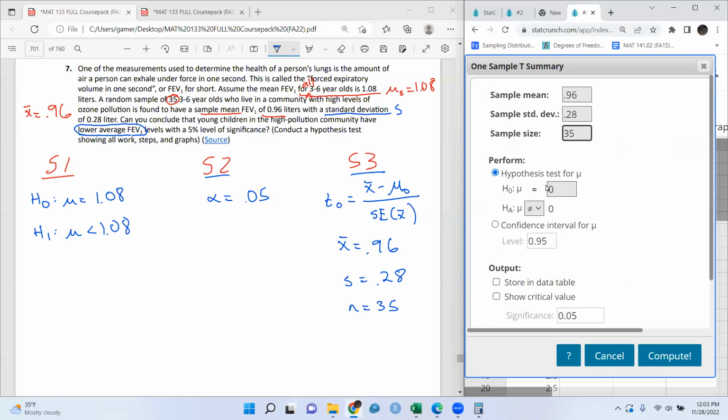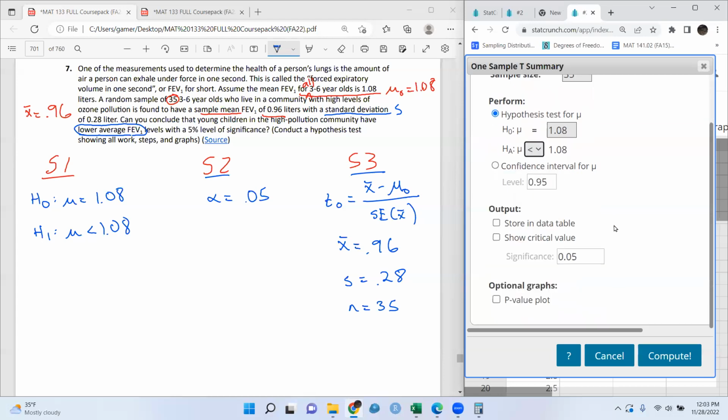I put in the sample values that were given in the problem. I'm now putting in my mu naught, the believed value of the parameter, and changing my inequality sign. That's another place that can easily get us. And that's it, compute, and away we go.